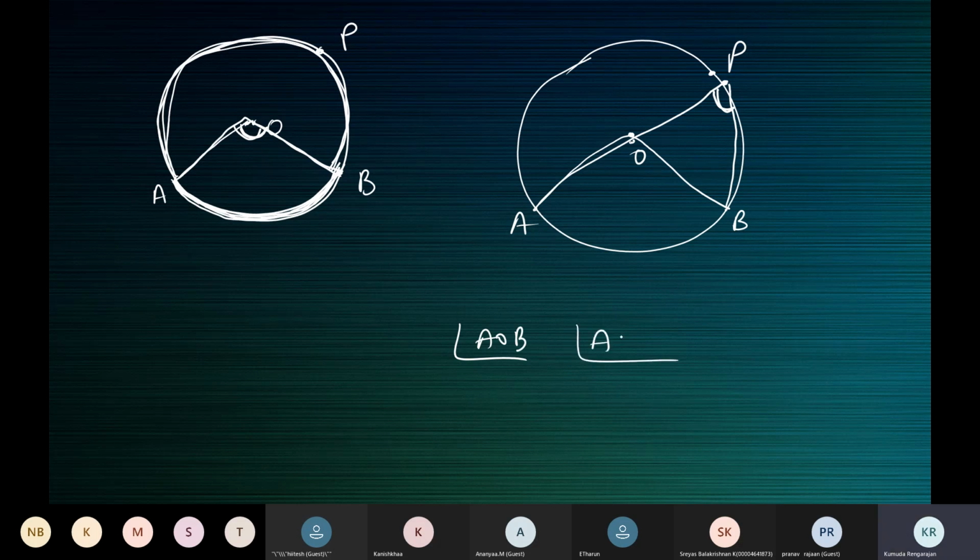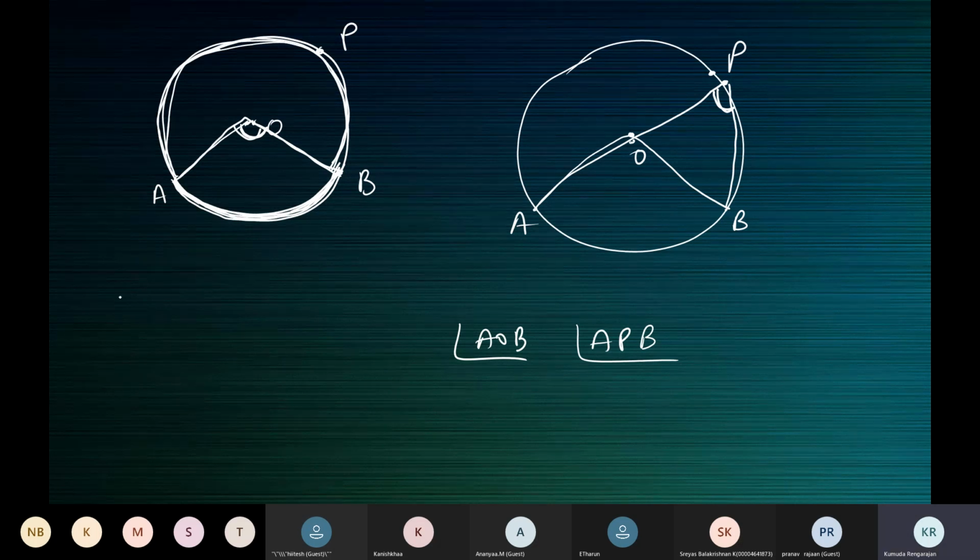Angle APB is the angle subtended by the same arc AB at the point P on the remaining part of the circle. This language must be understood first, only then we can proceed. Meaning the language in this theorem. I'm not talking about my language, I'm talking about the language in the theorem.